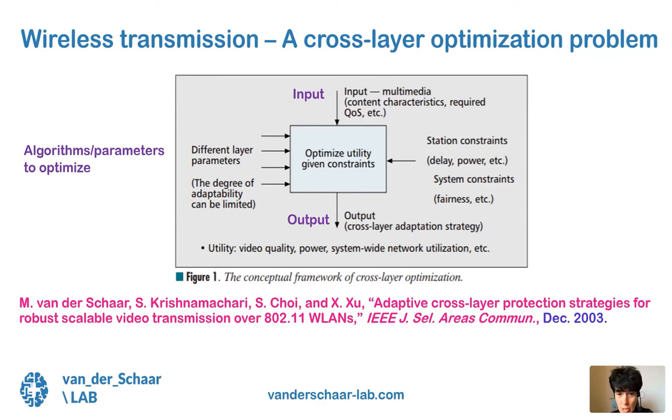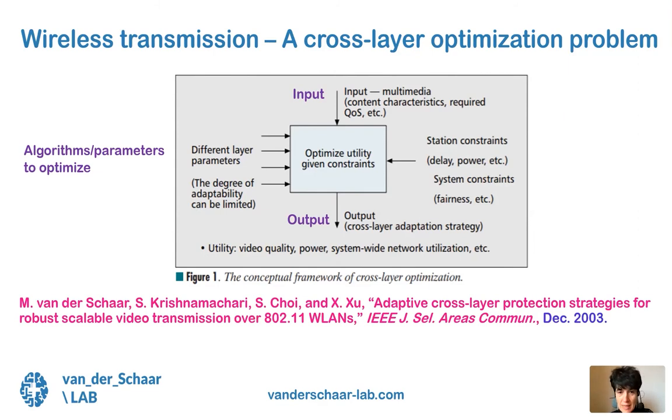This is an optimization problem that we need to solve, and the utility associated with this optimization problem can be defined by the user. It can be the video quality, it could be the throughput, it could be a trade-off between throughput and power considerations. It could also involve system-wide network optimization.